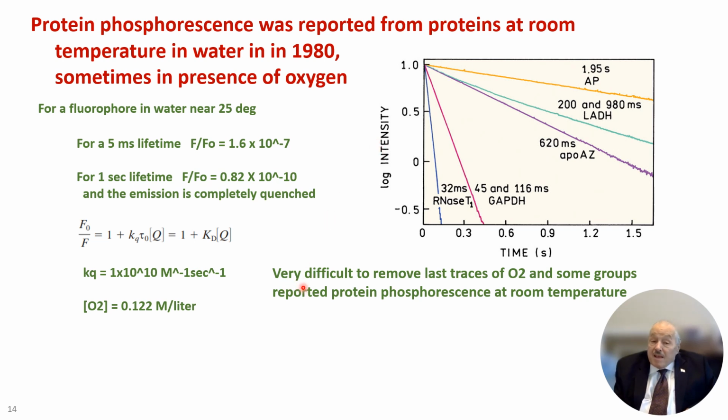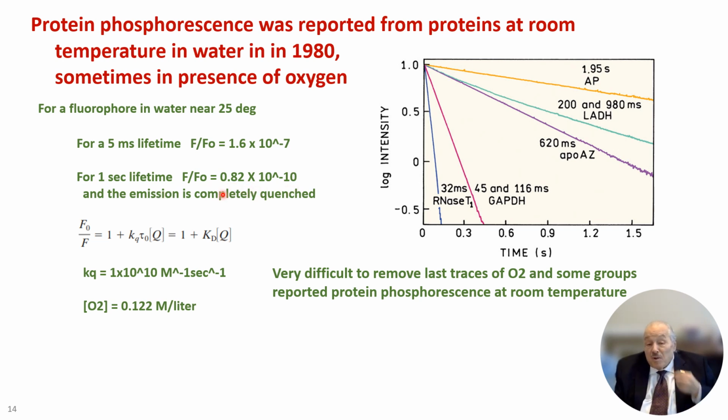You can calculate this for yourself if you use the Stern-Volmer equation that we presented earlier, and I gave you some of the constants you need here. If you have fluorophore in water in equilibrium with oxygen, you find this is F over F0 here, so it's really the amount of quenching.